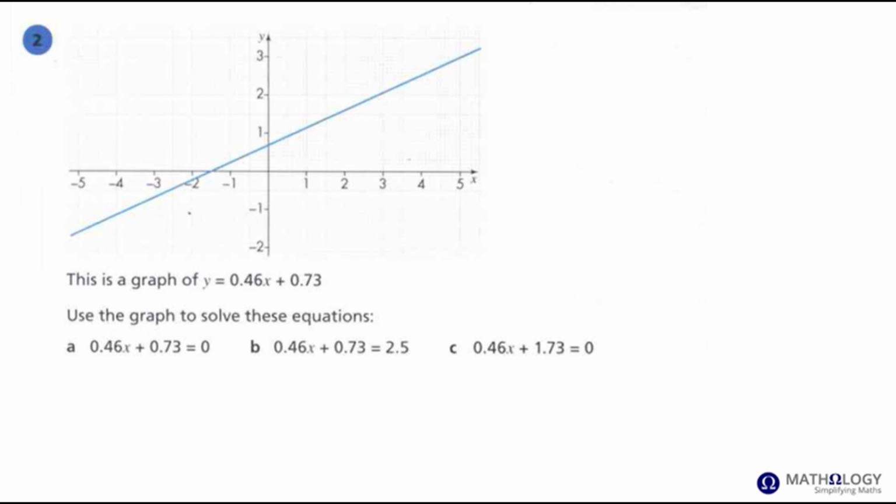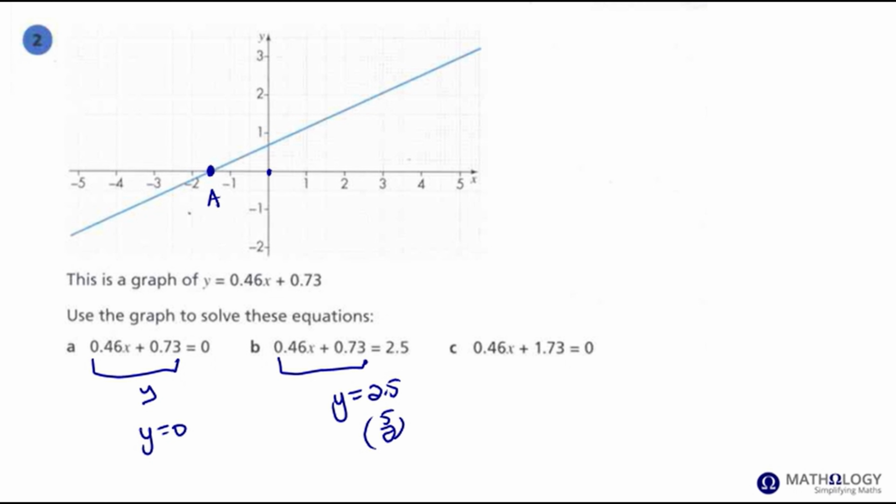y equals 0.46x plus 0.73. This represents your y value, so y equals 0. So where y equals 0, we're going to go to 0 on the y-axis and move across to the function and read off the value there. 0.46x plus 0.73, this is your y value, so y equals 2.5, or 5 over 2.